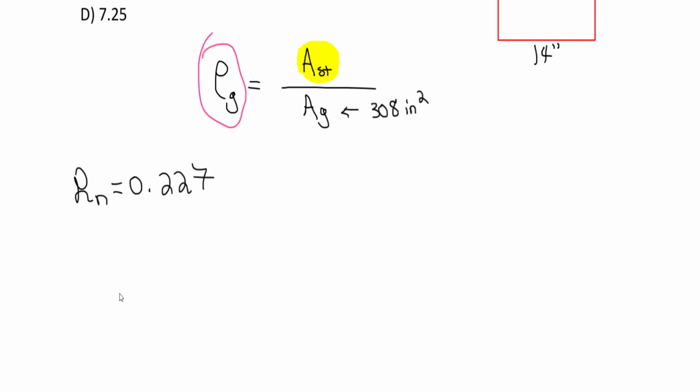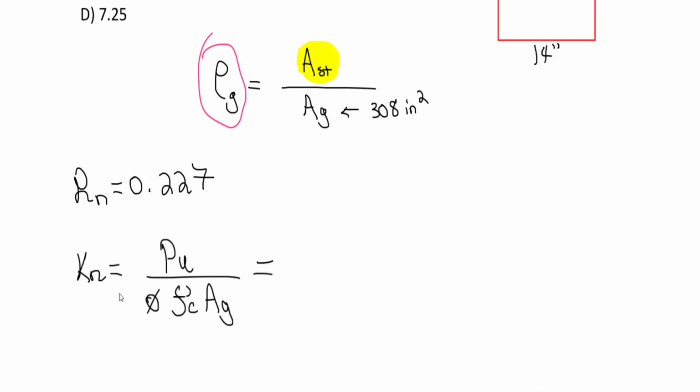Now we want to find K sub n, which we do not know. We can find it using the following equation: P sub u over phi, a reduction factor, times F prime c times A sub g.